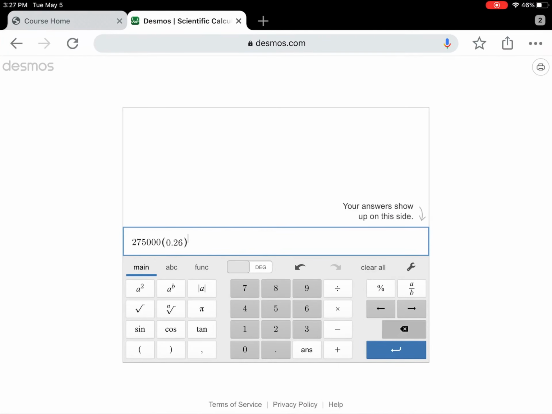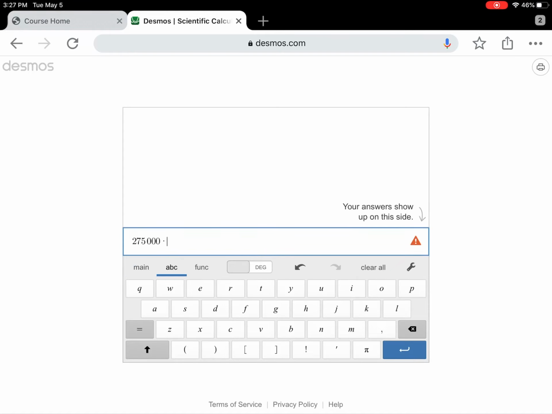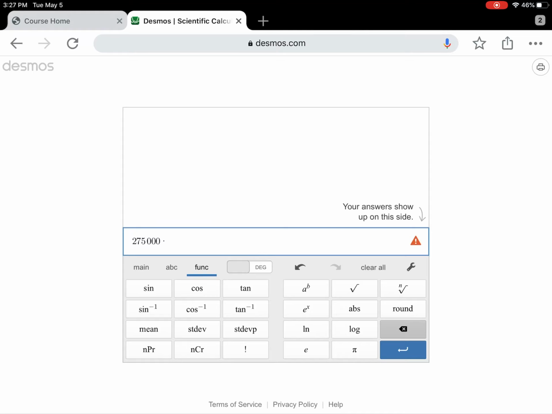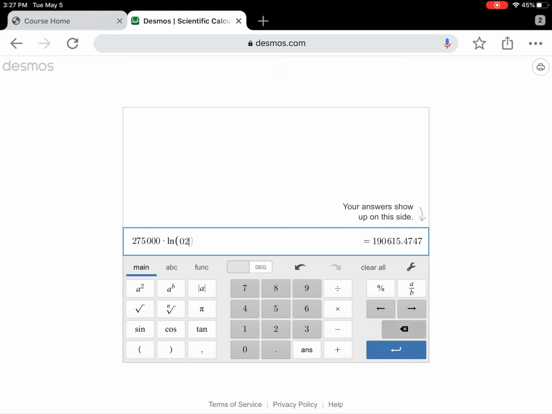So that was 275,000 times natural log of 0.26, close parenthesis, times 0.26 raised to the fifth power. And if I hit enter, the answer is negative.